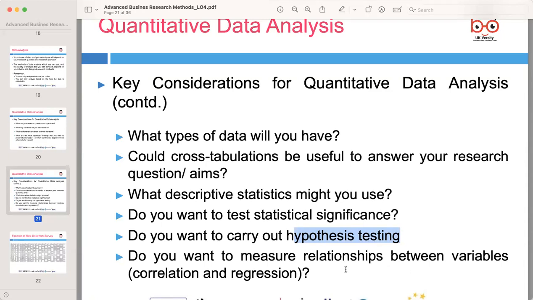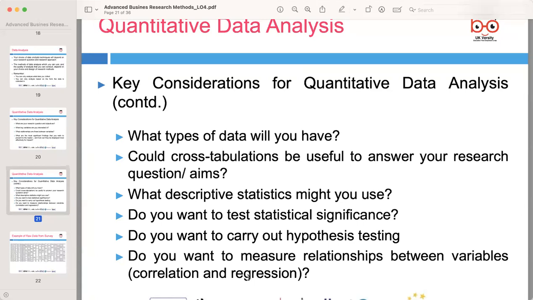Then relationships between variables: correlations and regressions. Quantitative data analysis also allows us to explore relationships between variables. Correlations and regressions are two statistical techniques used for this purpose. Correlation assesses the strength and direction of the relationship between two numerical variables, and regression helps us understand how one variable affects another.